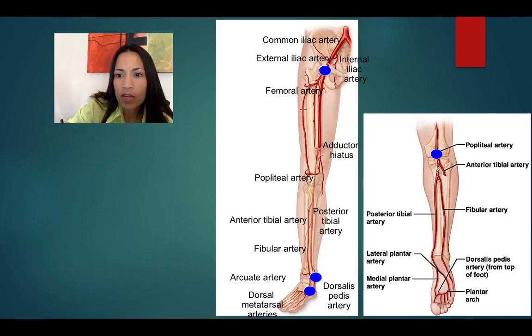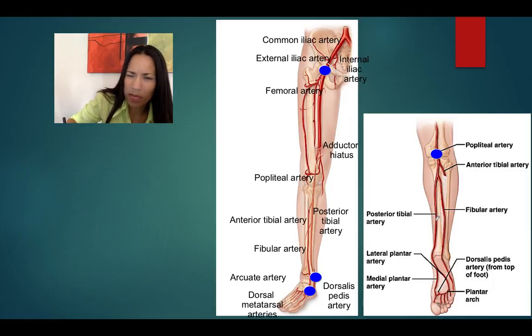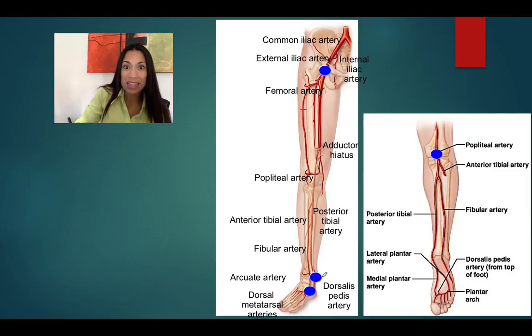Let's see the other branch. The posterior tibial artery continues in the posterior medial aspect of your leg, runs posterior to the medial malleolus, and right in there you can feel the pulse of the posterior tibial artery, and eventually reaches the sole of your foot, and after several anastomoses, it forms a plantar arch.